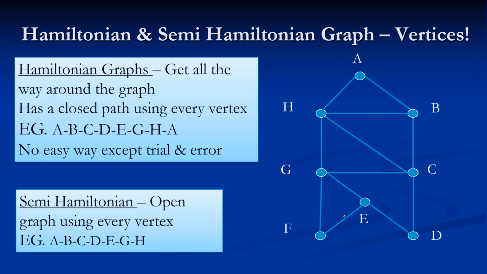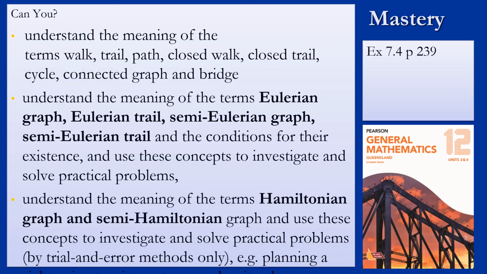So let's just run through that again. You want to get all the way around the graph. Now it's easy on this one to trace the outside, and that would be our closed trail for a Hamiltonian graph.